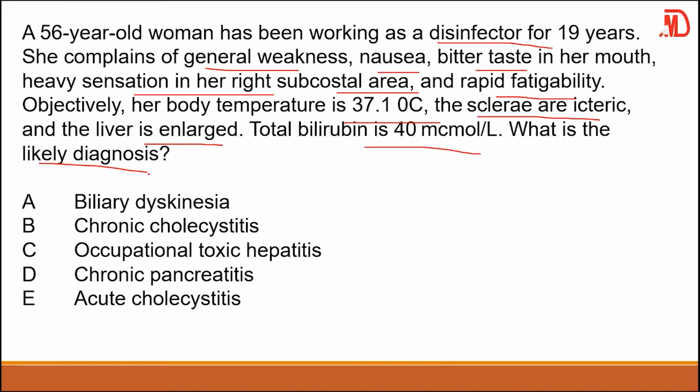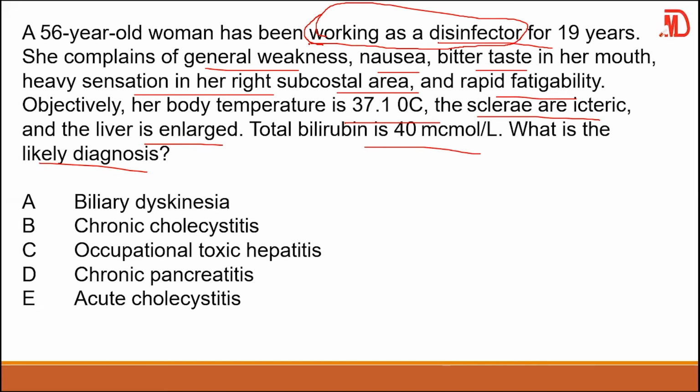So again, look at the beginning of the sentence. This person has been working as a disinfector. Now, anytime they bring your occupation in, it is not there to beautify the question. It is there to direct your diagnosis. So every analysis is very, very important.